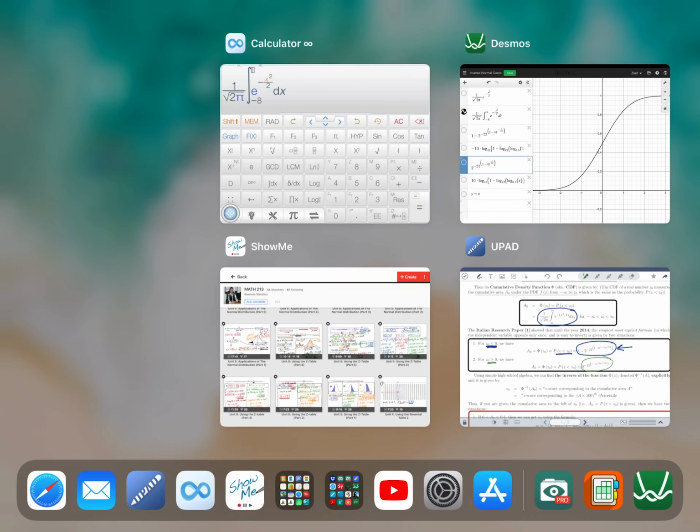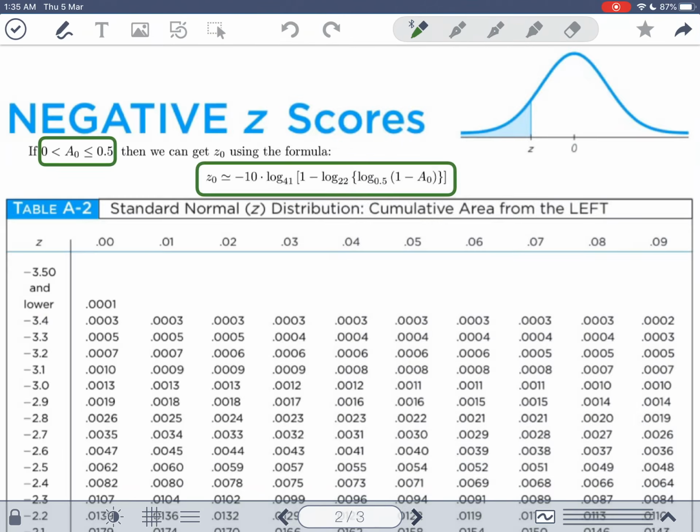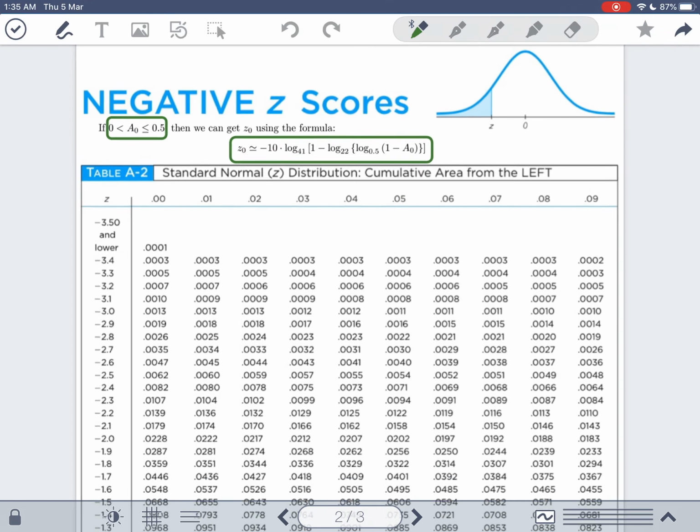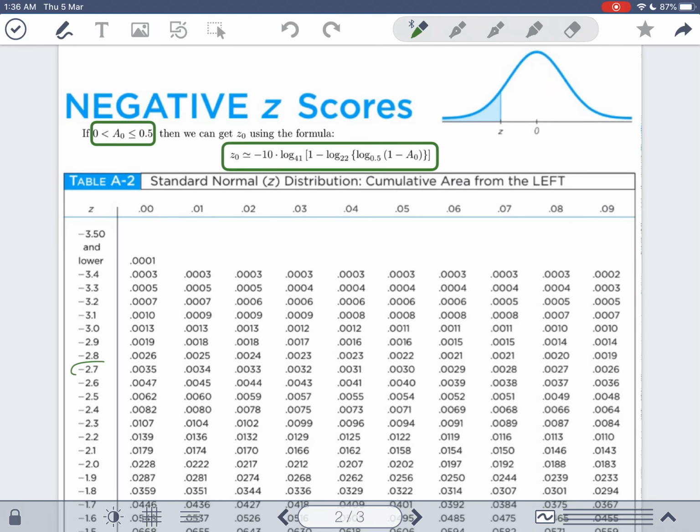So, for example, on your calculator, let's go back to the Z table, and I will remind you, we chose negative 2.7, let's say 6 or 8, I forgot, but it doesn't matter. We want to compute the area to the left, the cumulative area. So our Z is negative 2.76.